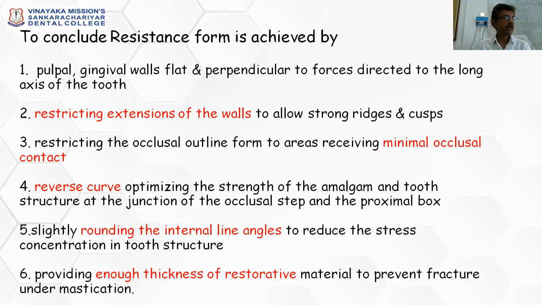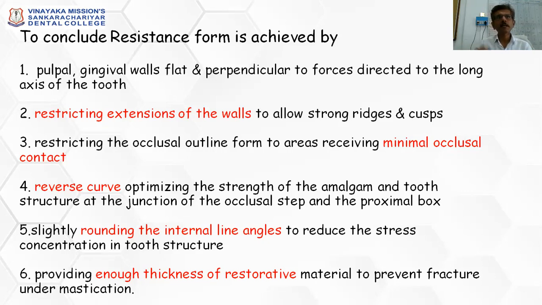Now here again in a class 2, I forgot to mention that at the axiopulpal line angle, you have to keep it rounded rather than sharp. Because if you keep it sharp, there's going to be a lot of stress concentration at these particular areas, which are going to be directed at an obtuse angle to the isthmus area in the margin, which can ultimately lead to fracture of the margins in these particular areas.